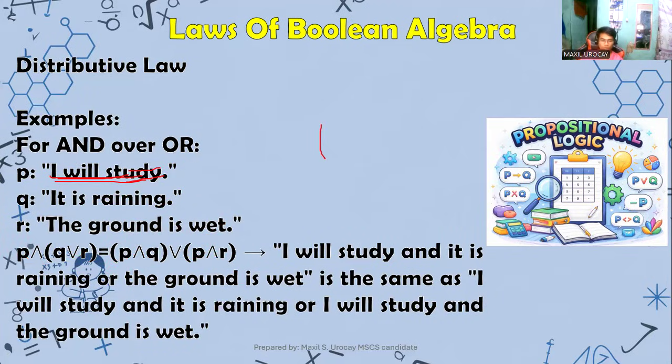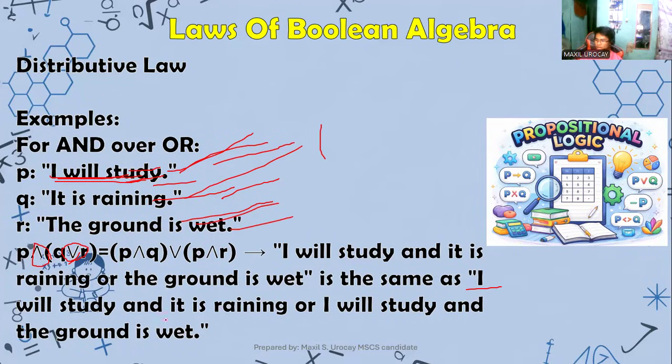The one that I'm referring to is not and, it is or. This is for or. Right? No, this is and. Correct. And this is or. I'm so sorry. So I will study and it is raining or the ground is wet. That is still equivalent to I will study and it is raining or I will study and the ground is wet.